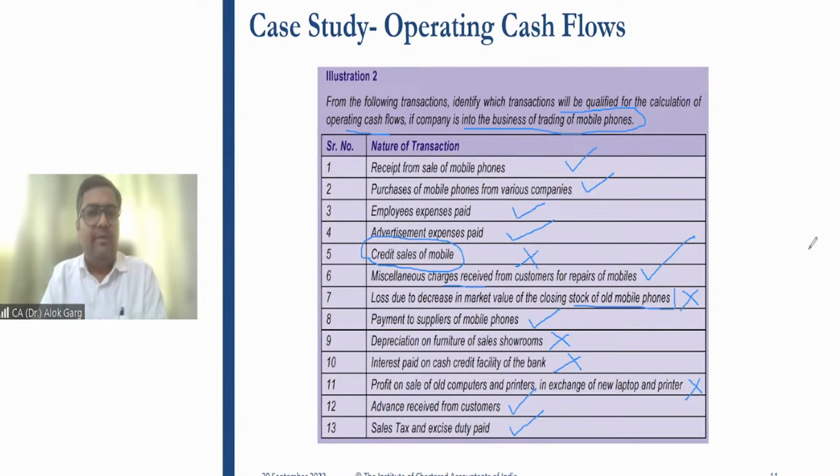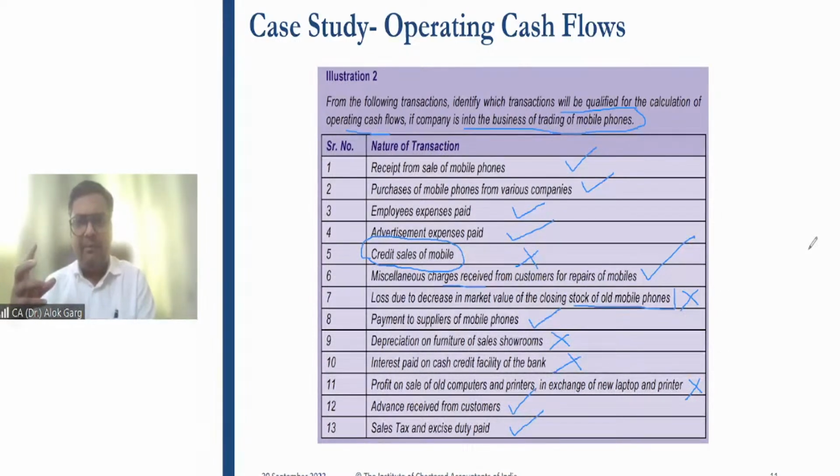Answer is no. Sumit, if you correctly read this line item, it says that there is a decrease in market value of the inventory. It is not saying that the company has received less money. If the question had been whether sale of inventory is a cash flow from operating activity, the answer is always yes. Whether increase or decrease in the value of the inventory, is it a cash flow?